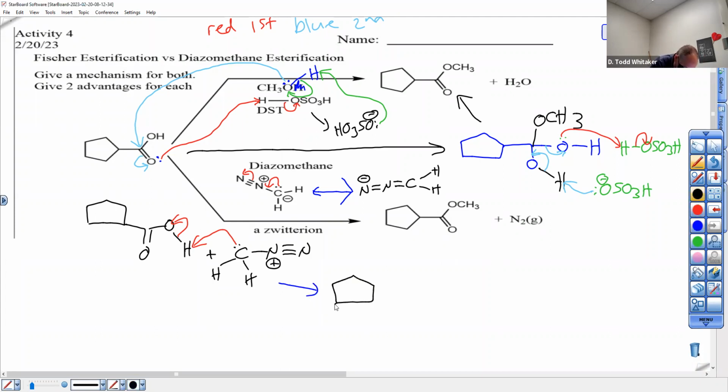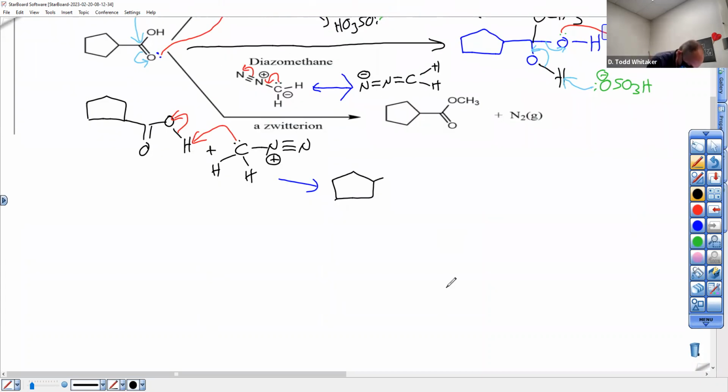An O minus is grabbing what particular ion? Oh, bad spot. What particular ion is the O minus attacking? It's called a proton, everybody.